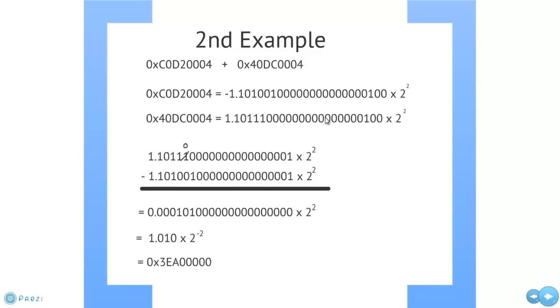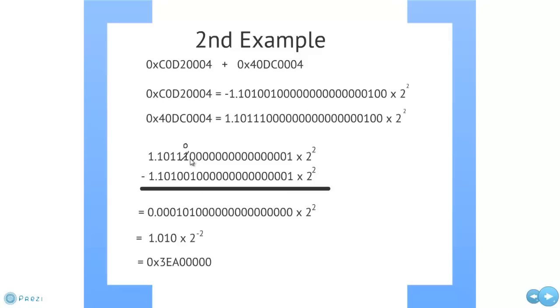And when we add these two IEEE 754 single precision floating point numbers, it's just like adding regular binary numbers, where we have the 1.10111 times 2 to the 2, and we subtract 1.1 times 2 to the 2 from that, which using just standard addition concepts, we can see that subtracting 1 from 1 is going to give you 0, and of course 0 minus 0 is going to be 0 for the rest of these.